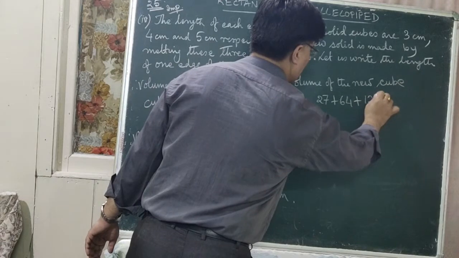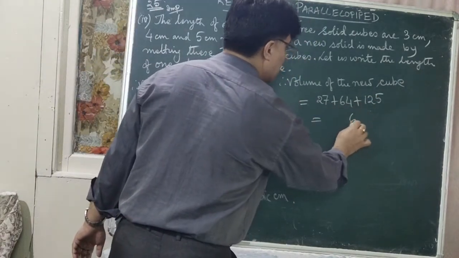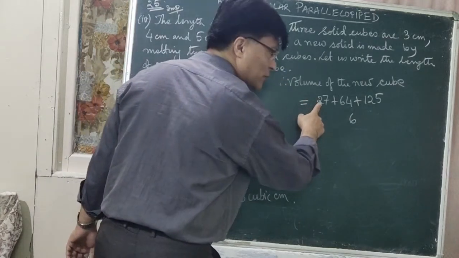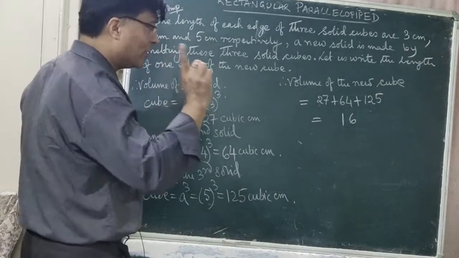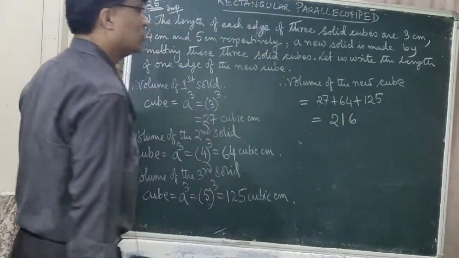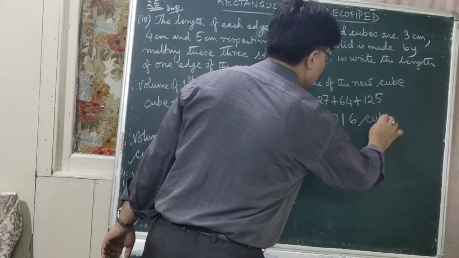Okay. So now 7 plus 4 is 11, plus 5 is 16, 6 and carry 1, 1 plus 2 is 3, 3 plus 6 is 9, 9 plus 2 is 11, 1 and carry 1, then 1 plus 1 is 2. So this is the volume of the new cube, that is 216 cubic centimeter.